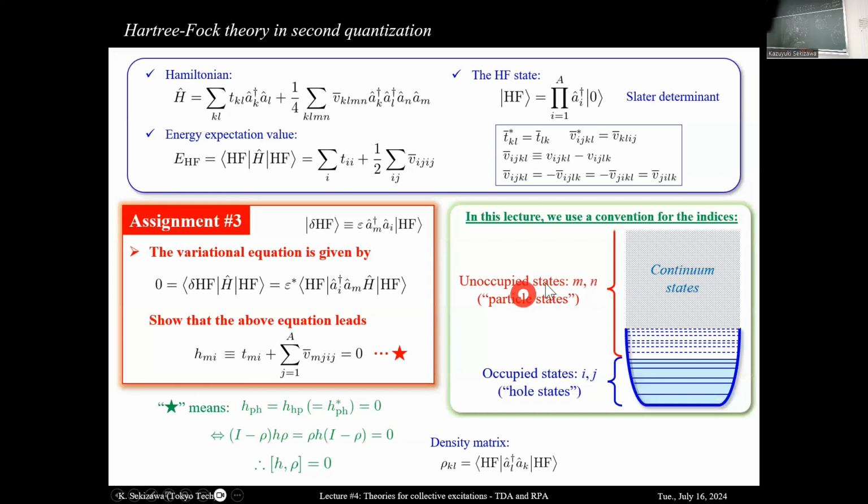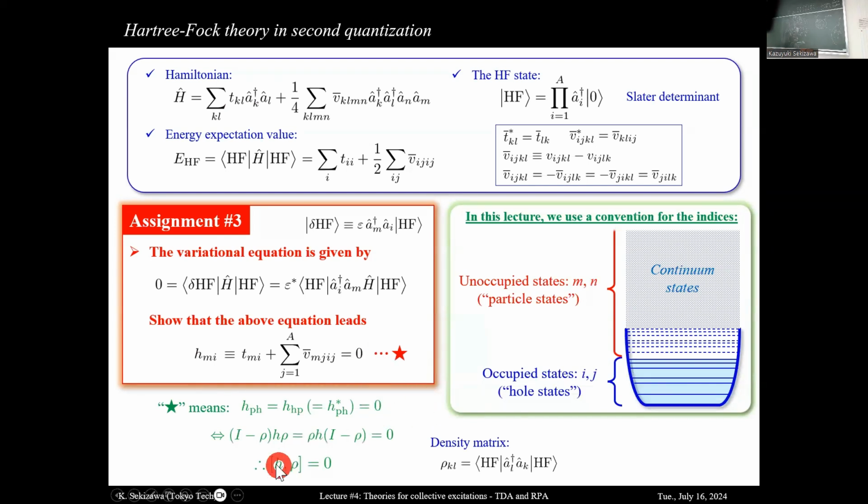So m indicates the particle states, unoccupied, and i indicates the hole states, occupied. This particle-hole or hole-particle component is 0 because of this variational principle.